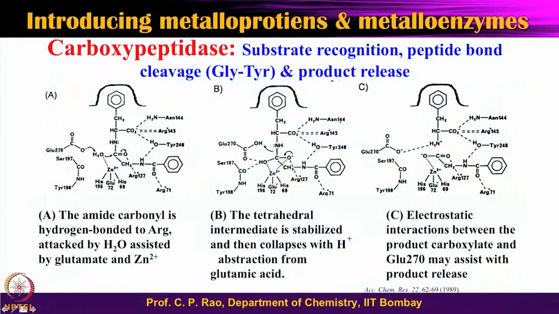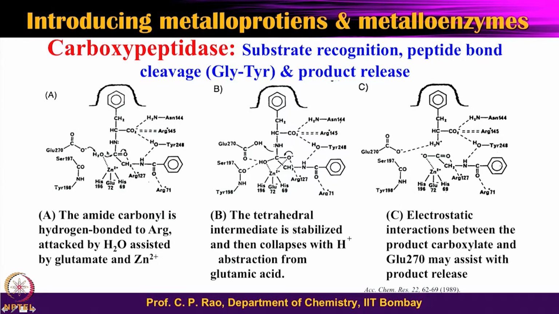That is what is seen in this particular figure. You can see that when this binds, it is being recognized by the CO2 and the neighbor residues. There are 3 hydrogen bonds. The arginine and the other groups, the tyrosine and asparagine, all these groups will make these bonds, and this is the reason why this is being poised in a very nice way close to the zinc hydroxide. Just like the previous case, the CO2 is poised and here the peptide moiety is poised.